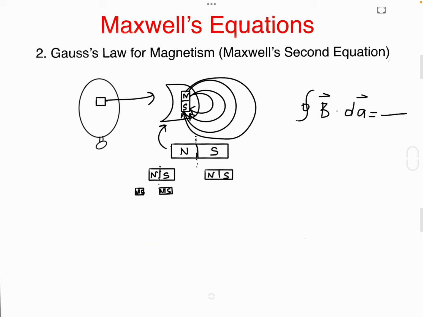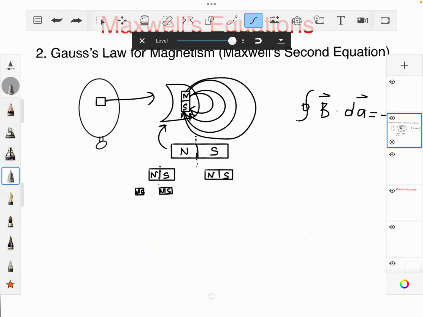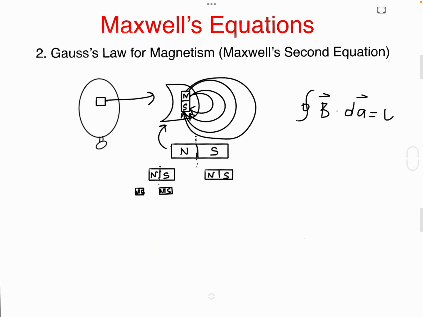Now in this part, as I just said, there is no magnetic monopole, which is Q is always 0. Then we have epsilon, so basically we can also write it as 0. Since Q is 0, it all cancels and becomes 0.